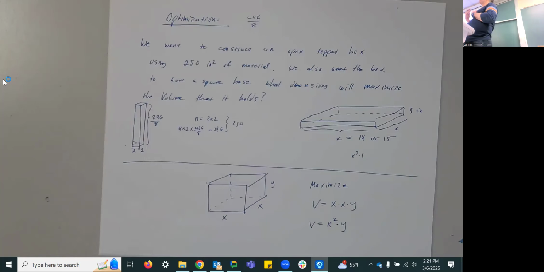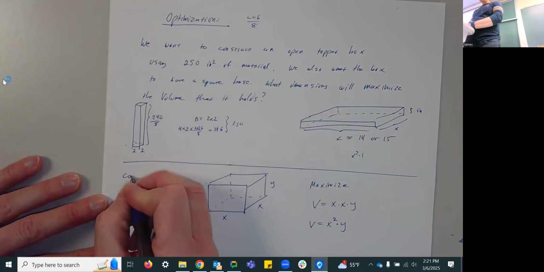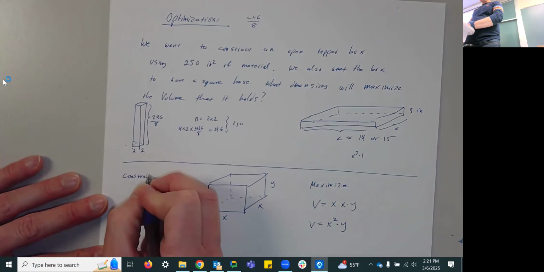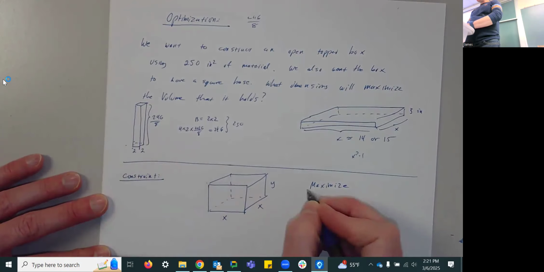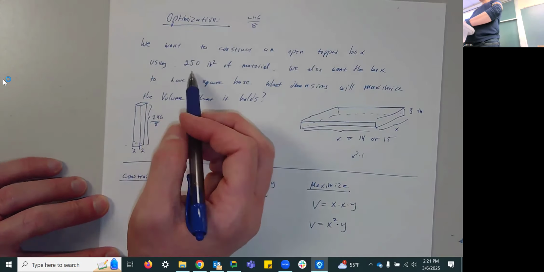We have a limiting amount of material to use, or more generally, there's always some limiting piece of information saying you only have this much stuff, or this much distance. So in this case, our constraint is that we're only using exactly 250 square inches of material.